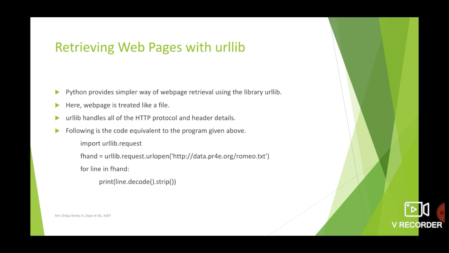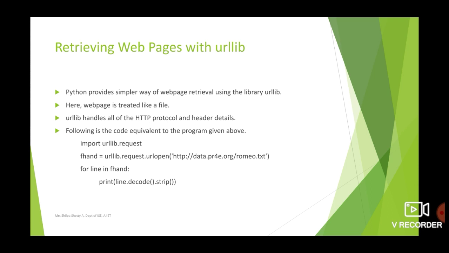Following that we have to pass as parameter the URL of the page which we would like to access. So fhand is the file handler here, because we told you the web page is treated as a file here. So we need a file handler. So fhand equals urllib.request.urlopen. So we are making a request to open a web page.